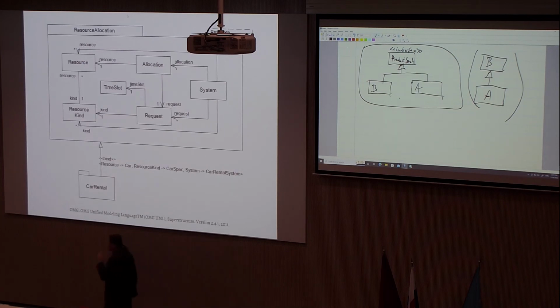But why I'm showing this, because this is a more interesting example, and another yet more interesting example which uses this wrong notation for parameterization. You cannot even parameterize classes. You can parameterize packages.